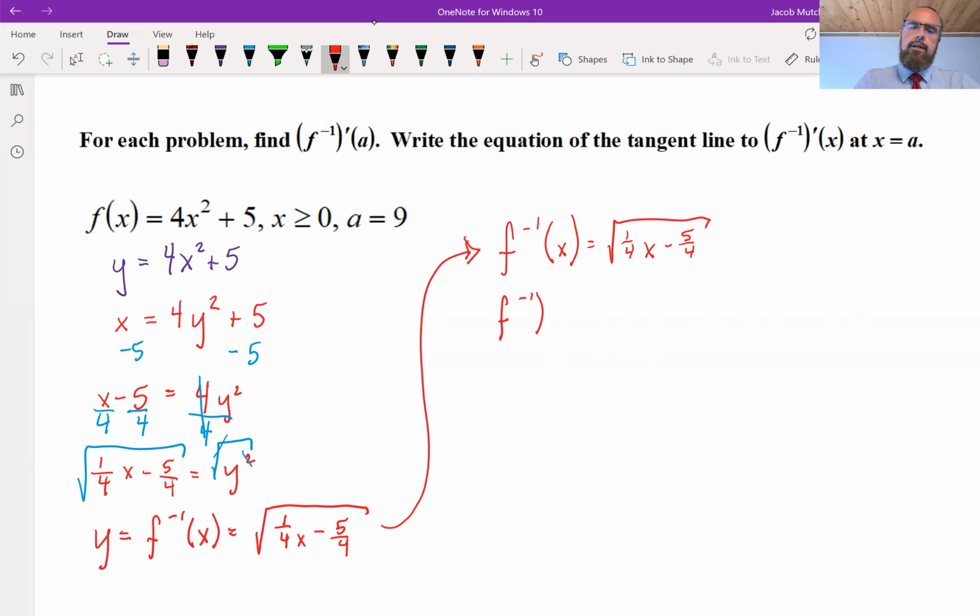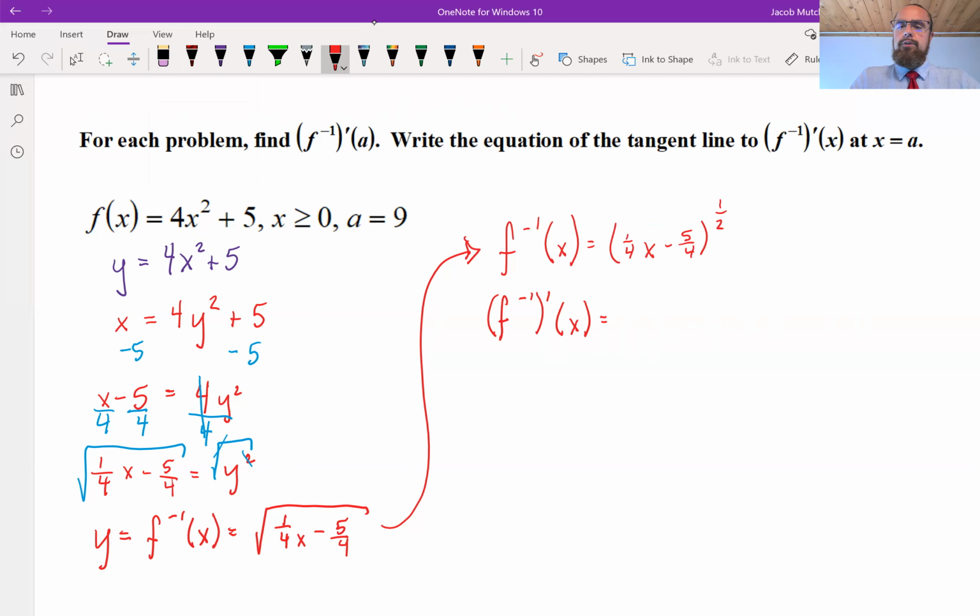And just to help see how we're going to do that, I'm going to convert the square root to a power of half. In fact, let me do that on the previous step, so that I can apply the simple power rule and the chain rule.